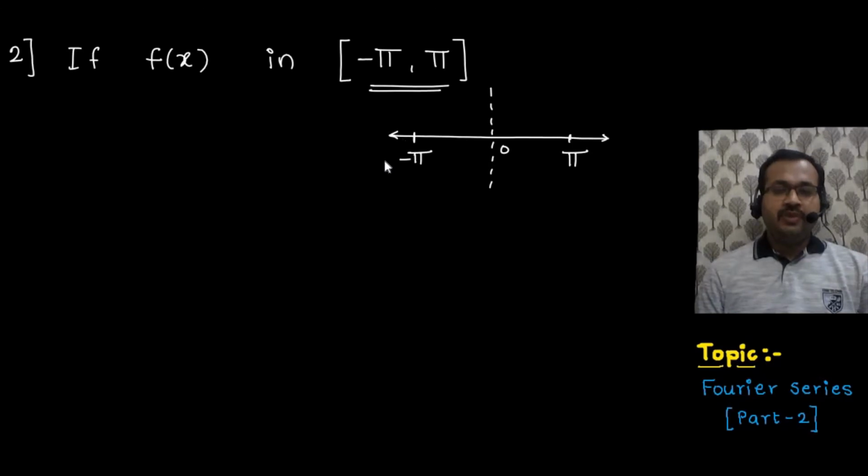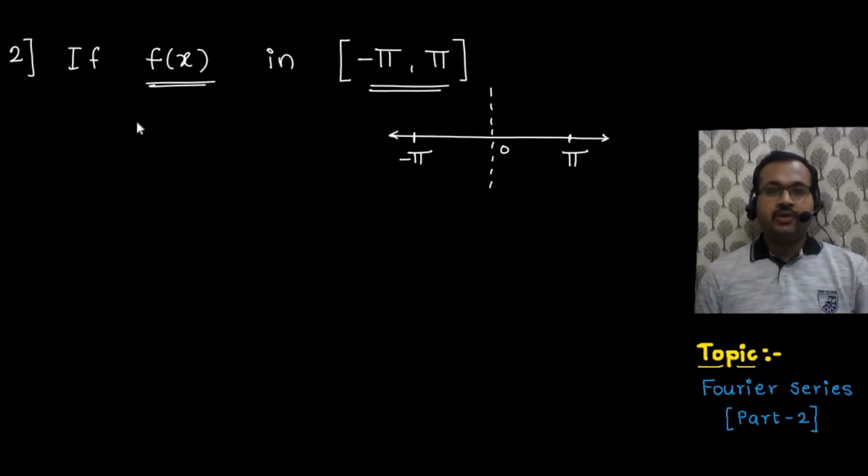So for this type of interval, we need to test whether this f of x is even function or odd function. So if f of x is even, the nature of Fourier series will be different, and if f of x is odd function, then nature of Fourier series will be different. How? Let's discuss.